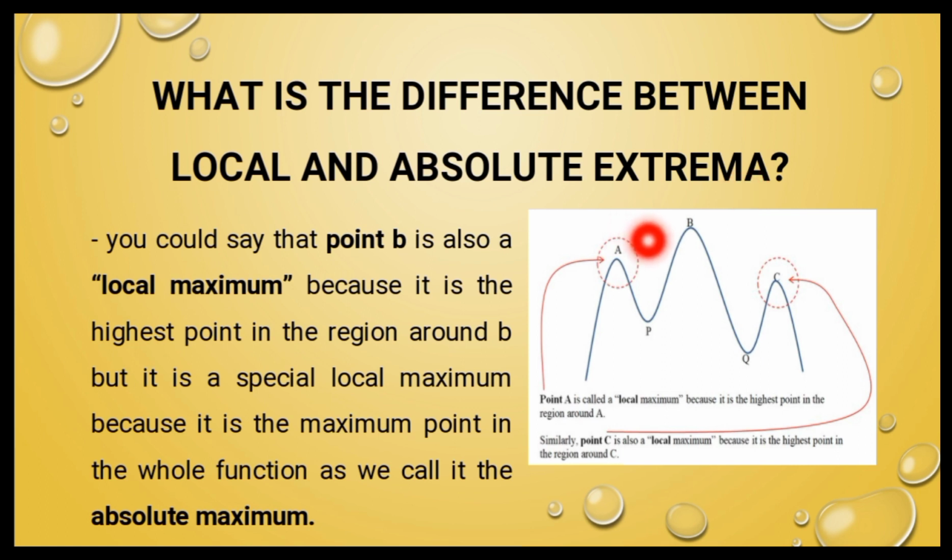Point A is called a local maximum because it is the highest point in the region around A. Similarly, point C is also a local maximum because it is the highest point in the region around C.